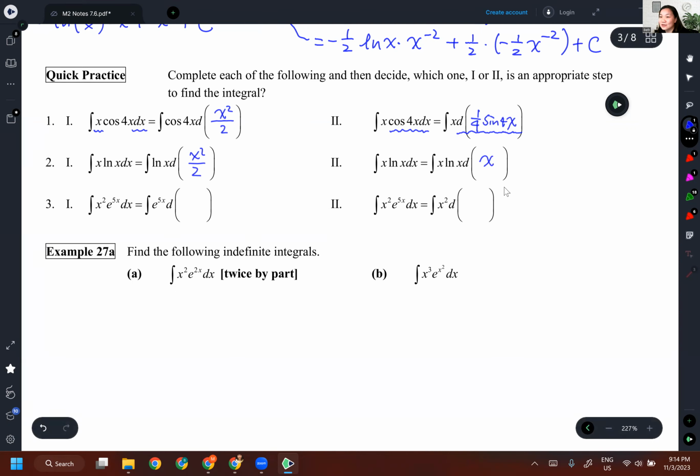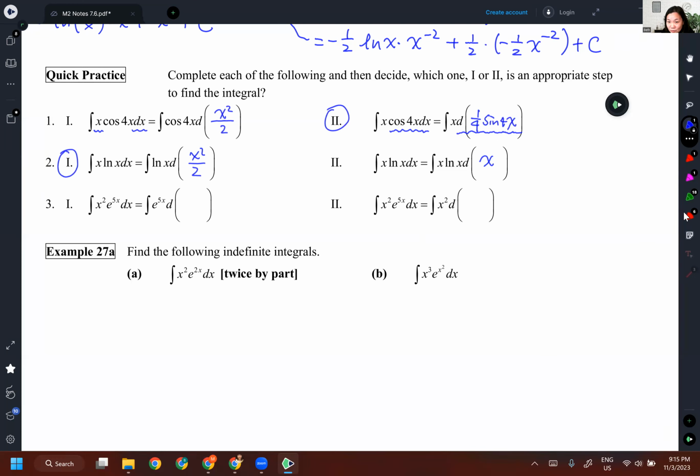That means to use the integration by parts directly. This is weird. I integrate x dx first, or nothing. Which one? The first one.